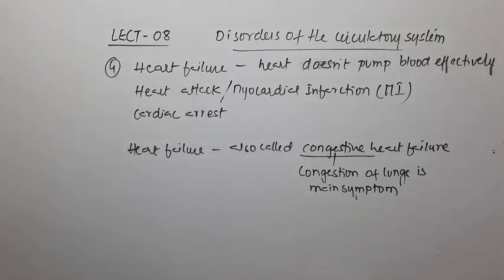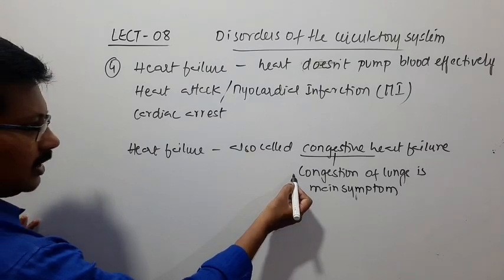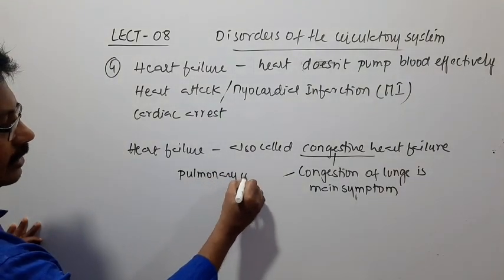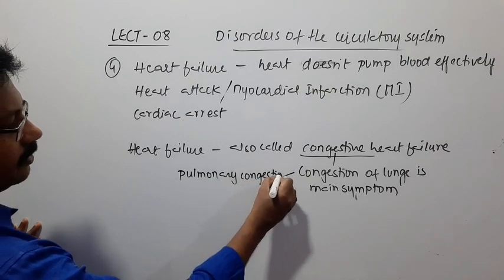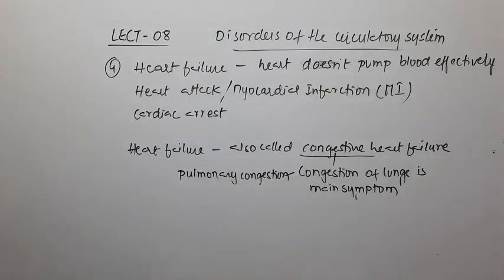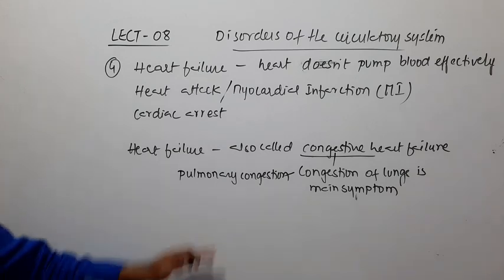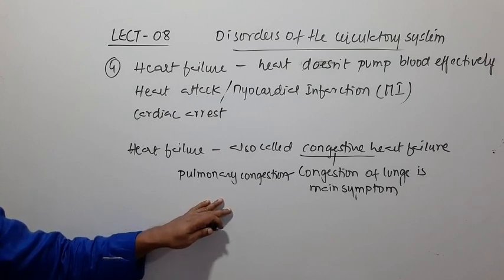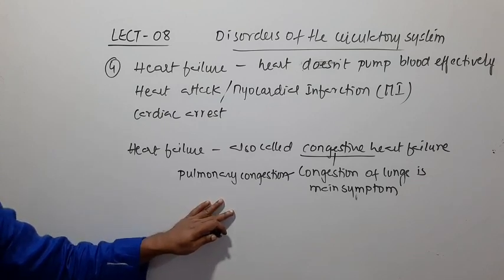This congestion of the lungs is what we call pulmonary congestion. As the blood moves very slowly in the blood vessels in the lungs, there will be stagnation of the blood in the pulmonary vessels, and because of that, it results in an edema condition.